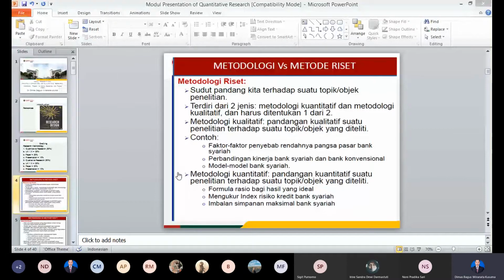What do you know about methodology, Lutfi? I think methodology is the method to use for the research.